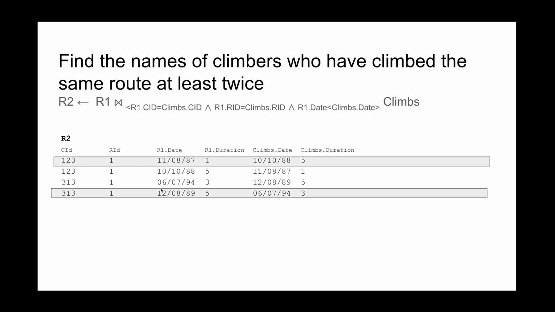If we change to less than instead of different, we're going to select from these two the one whose date is less than the second date. So 87 is less than 88.